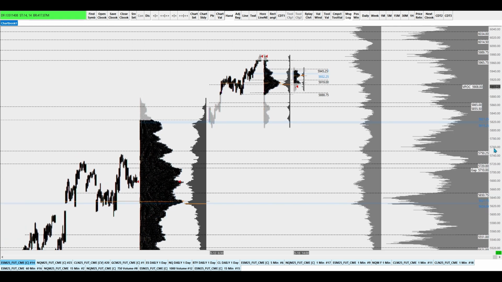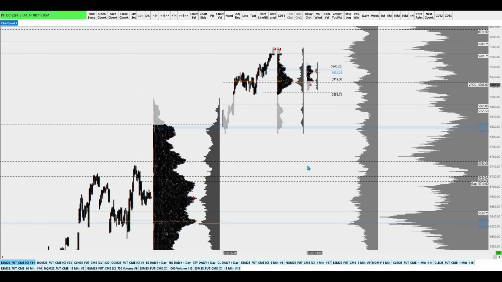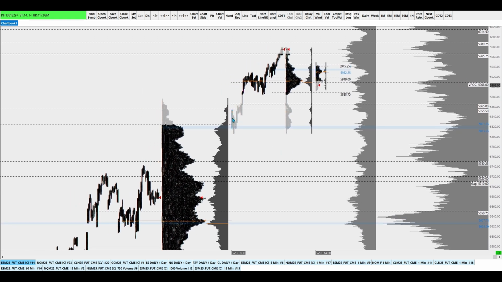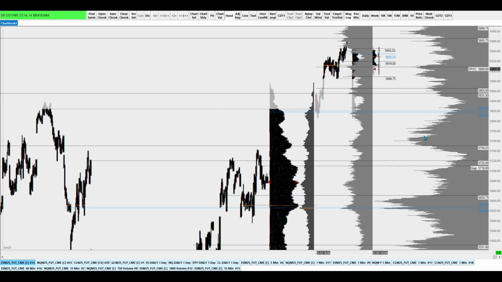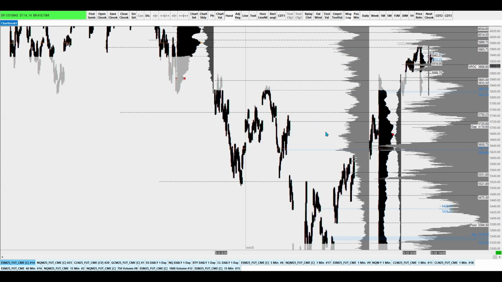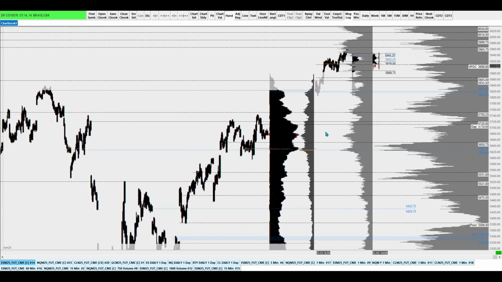I'll have to be a little bit more patient and treat each of these levels below as, okay, what do we do? What does the profile end up looking like on that session? And then what do we do up against those levels the following session, right? That's where I like to get aggressive: I pick up these larger time frame levels, get a better idea of the bigger picture.